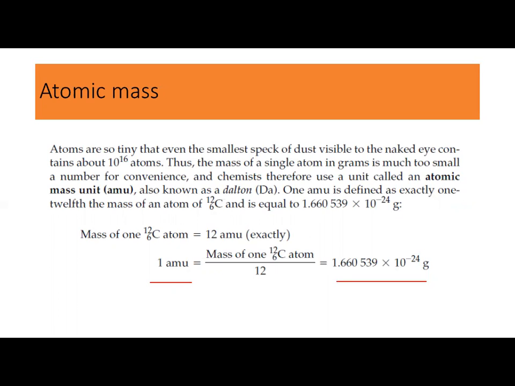With the atomic number, how many protons are there in carbon 6 12? 6. This is called carbon 6 12. 6 is the atomic number, 12 is the mass number. The atomic number must be less than the mass number.